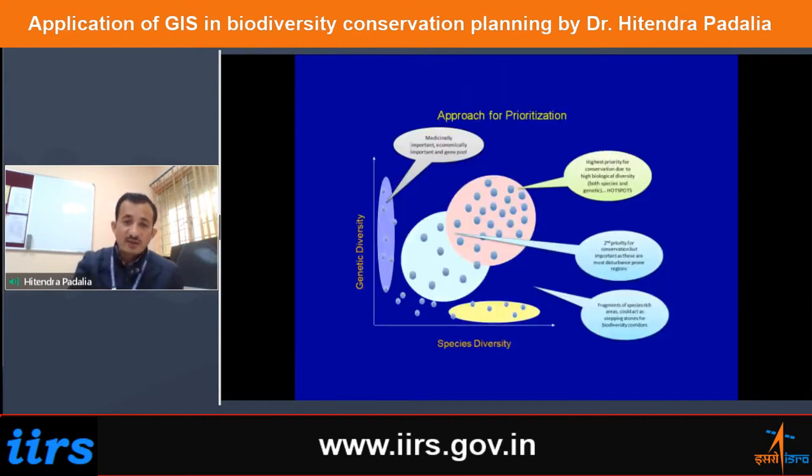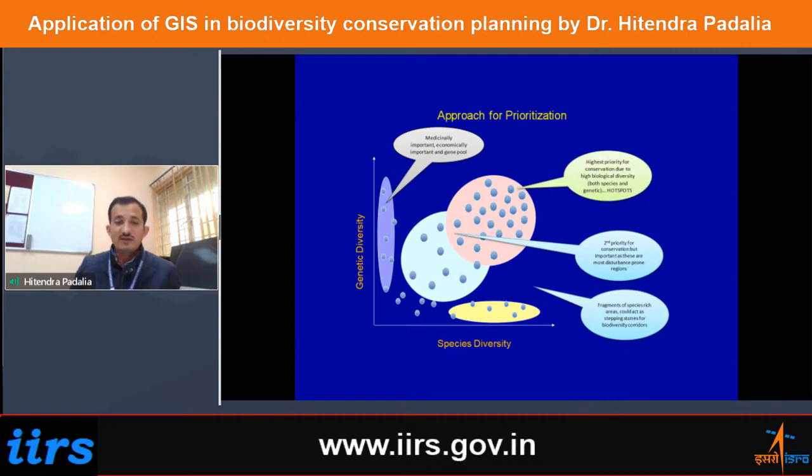Now, there could be another approach also, if you have to make choices between conserving genetic diversity and species diversity. A country like India has very high plant biodiversity, for example, and similarly there is high genetic diversity also.